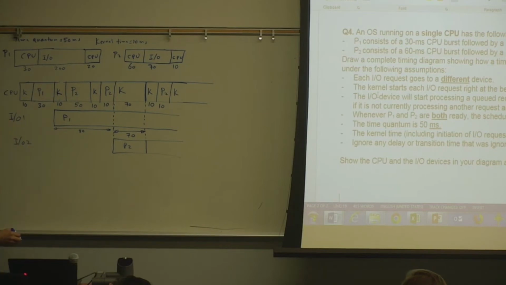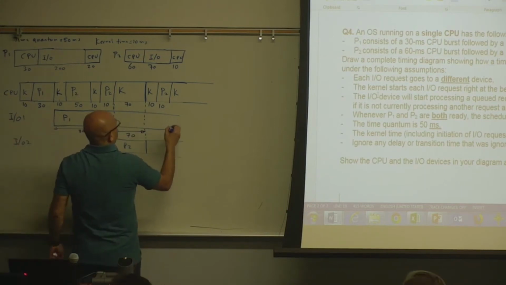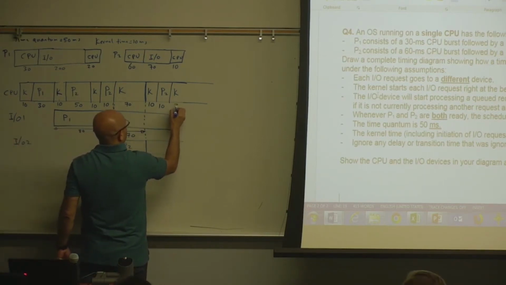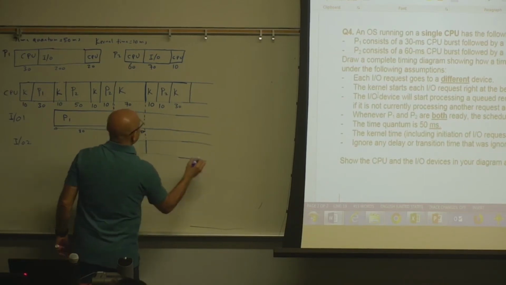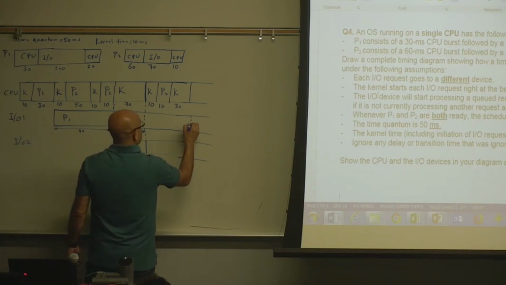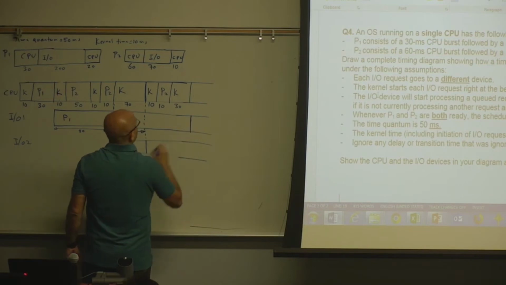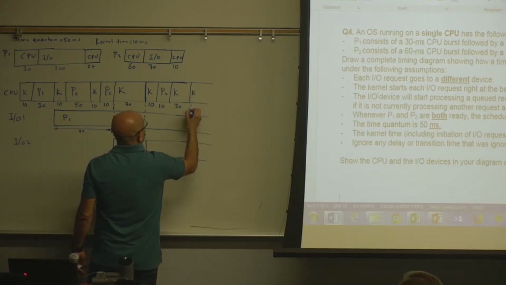And so we need 50 more, right? 80, 70, so we need 50 more. 20, so the kernel will have it for 30, until this request completes, then the kernel will have it again.